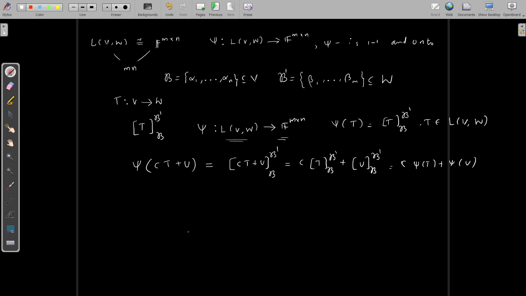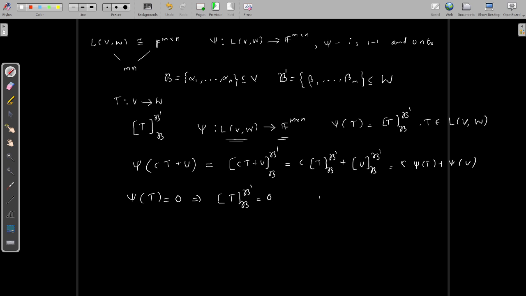Now we can verify that psi is 1-1. When psi of T equals 0, what is psi of T? It is the matrix of T relative to B and B prime, so that is 0, and all the entries are 0.